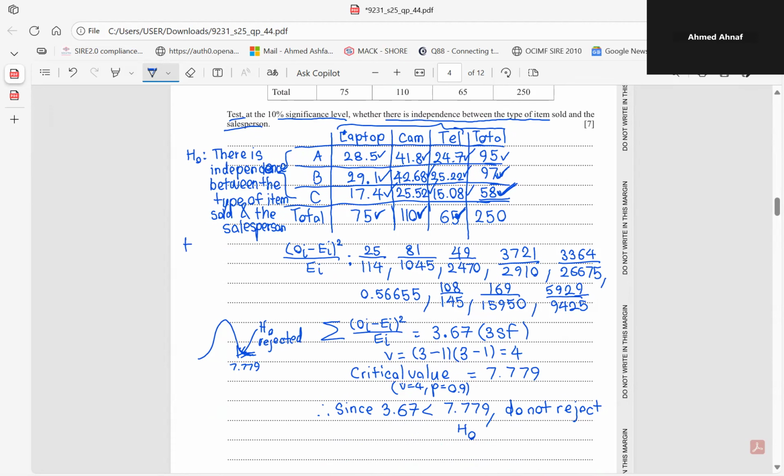And then the alternative one is the opposite. There is an association, or it's dependent, between the type of item sold and the salesperson.